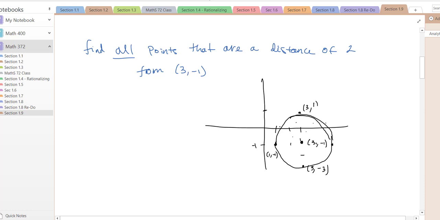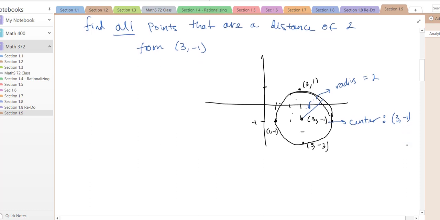What creates this curve is that all those points are so close together that you can't even distinguish them as points. It just looks like a nice curve. The circle is the set of all points that are the same distance from that fixed point. This distance is what we call the radius. So the radius is 2, and the center is the point 3, negative 1.